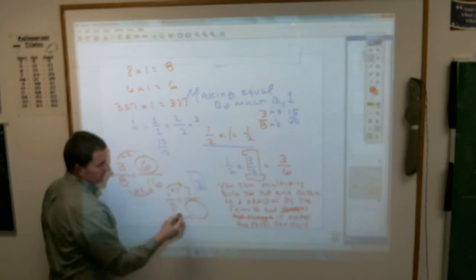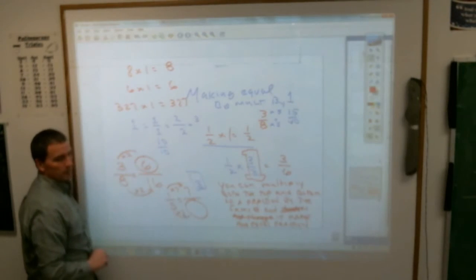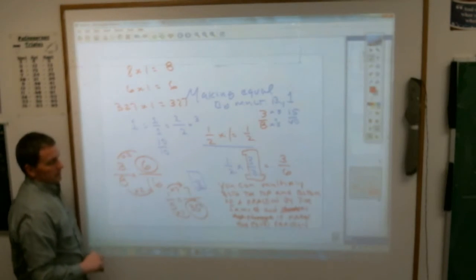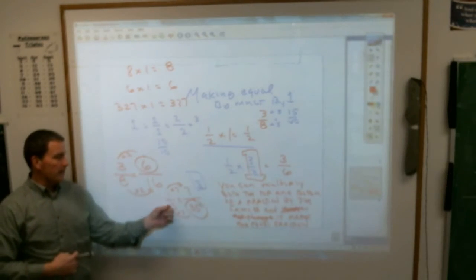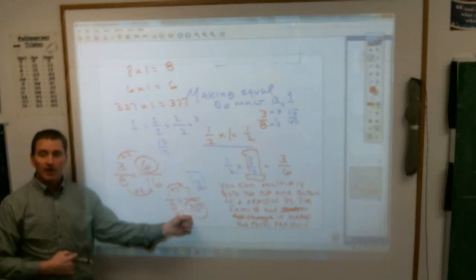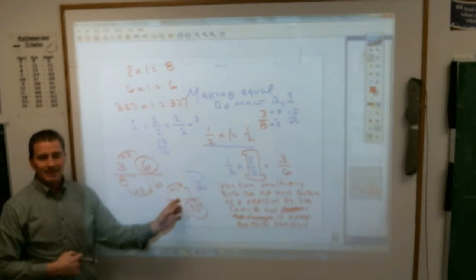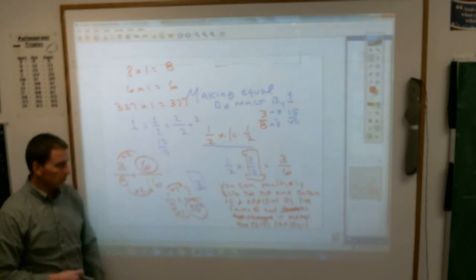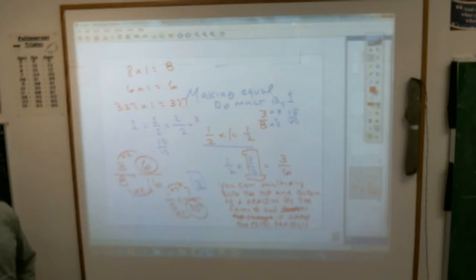So you'd have to multiply the 5 by 7 to get the right bottom number, which is 35. If you make 1 out of 5 free throws, that's the same as making 7 out of 35 free throws. They mean the same thing. They represent the same amount or portion, if you will.